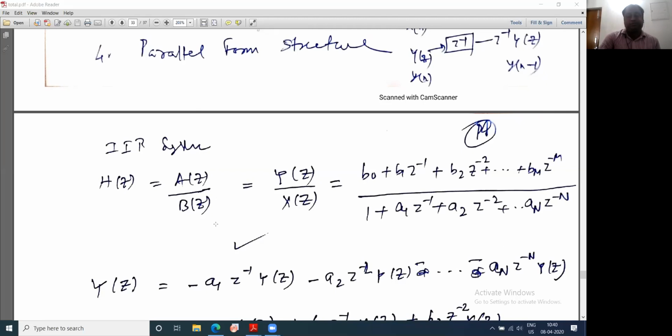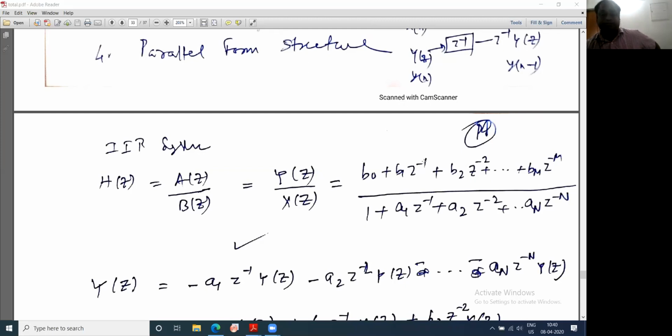Then I assumed that Y(z) = B0 + B1 z^-1 + B2 z^-2 + ... + BM z^-M, and X(z) = 1 + A1 z^-1 + A2 z^-2 + ... + AN z^-N.